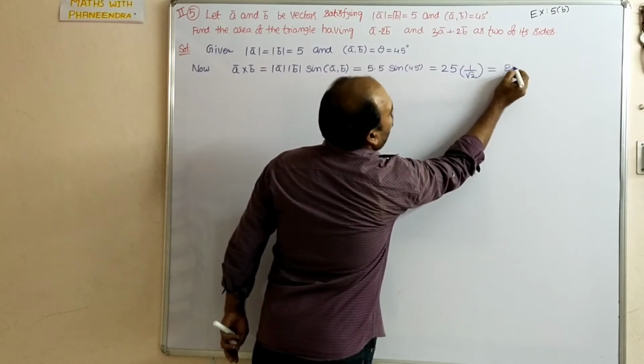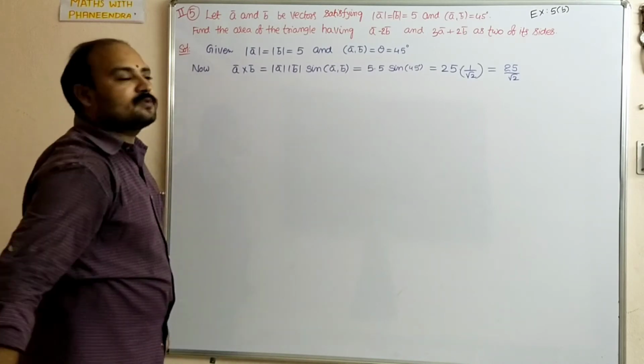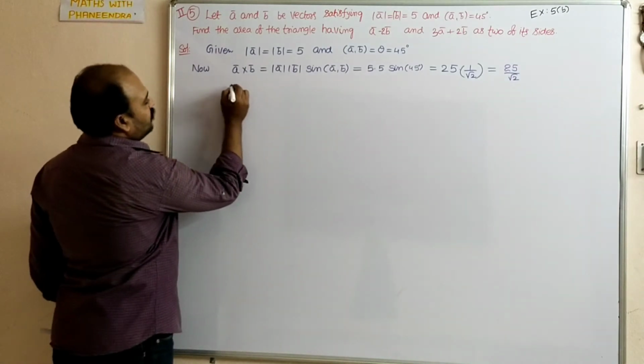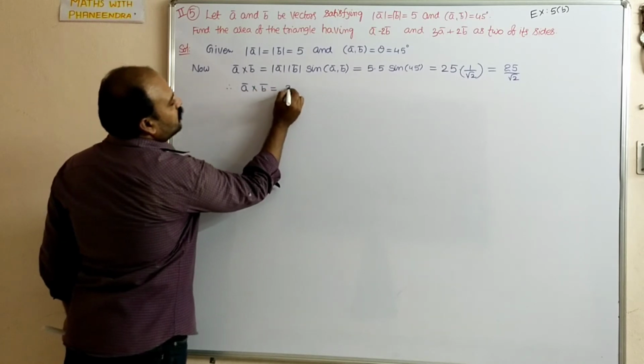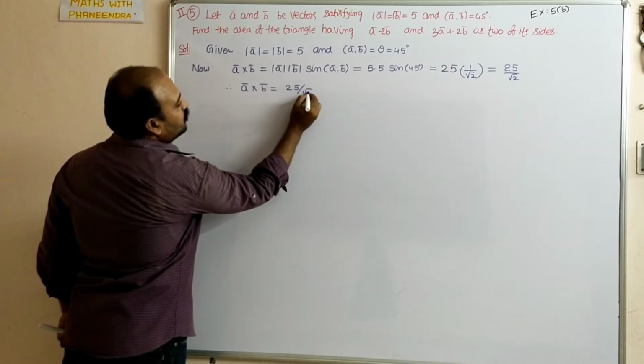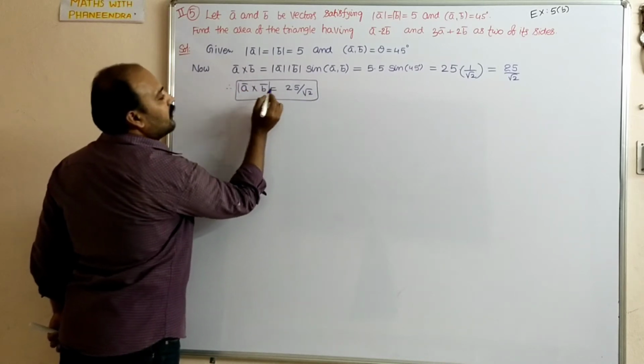So 25 by root 2. This is the value of the magnitude of A bar cross B bar. Even if you take the mod, the same will come.